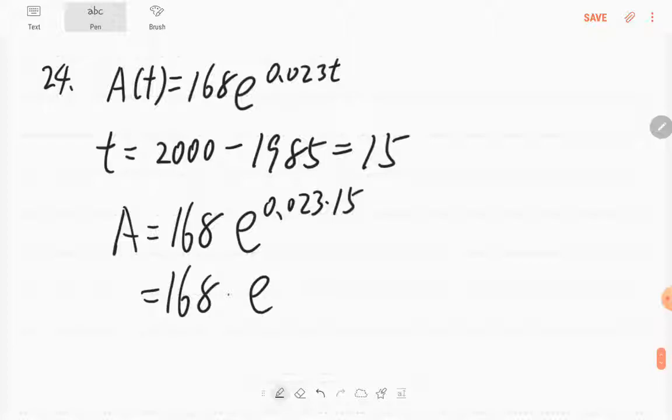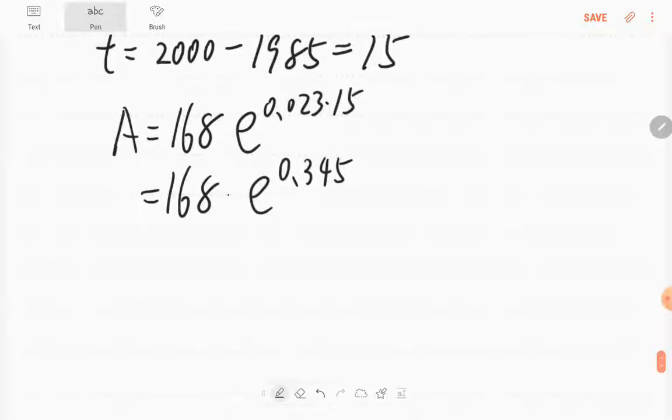You can use your calculator step by step, okay? So this would be e to the 0.345.